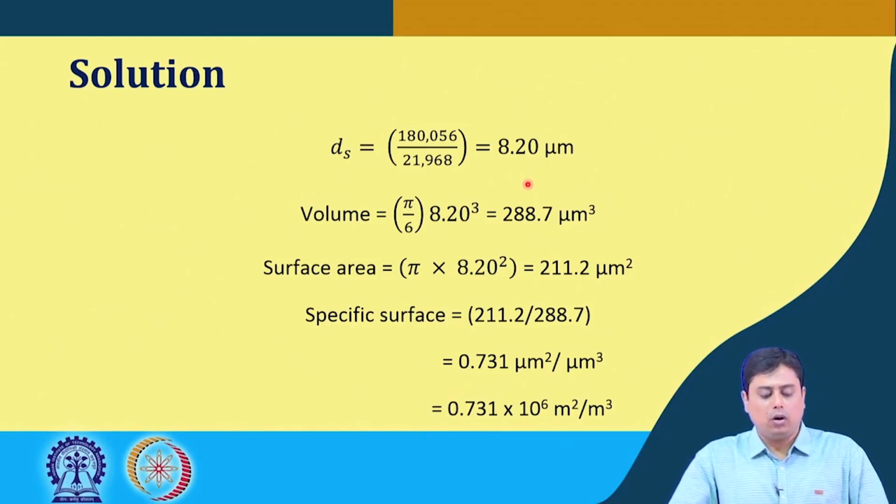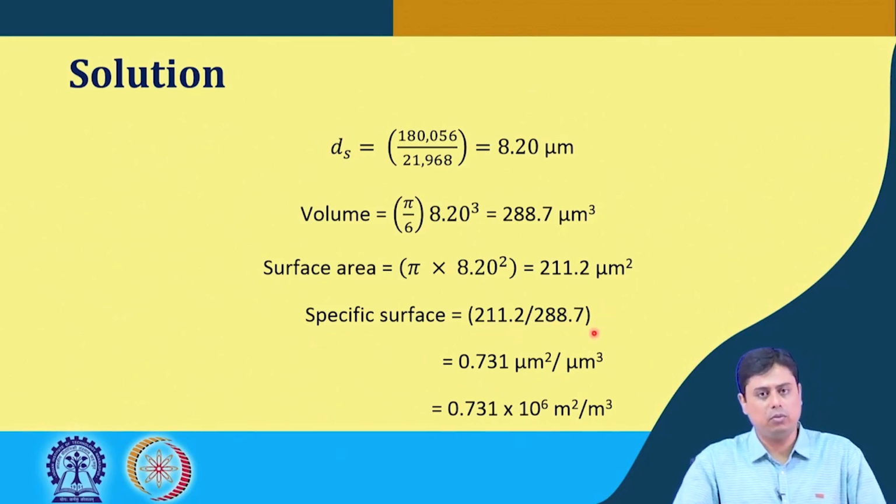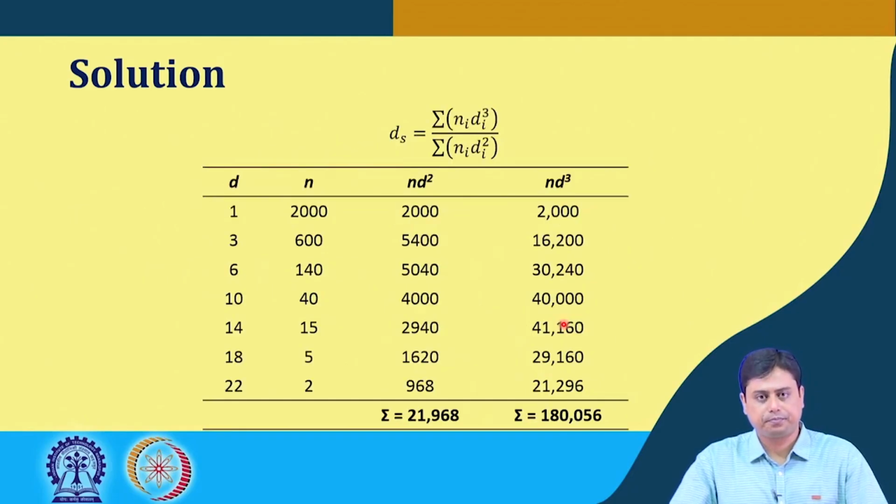If you had not known what specific surface area is, that is also a take home message from this problem: specific surface area is the surface area per unit volume. And we have learned how to convert number distribution to mass distribution, and I hope you should be able to convert in a reverse manner, that is, if mass distribution is given, you should be able to calculate the number distribution.